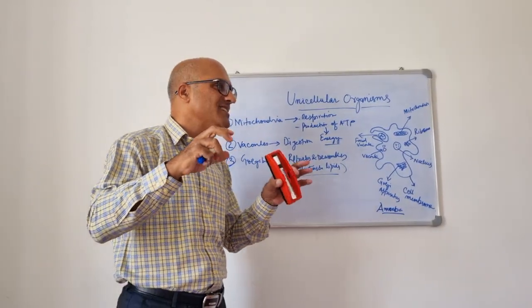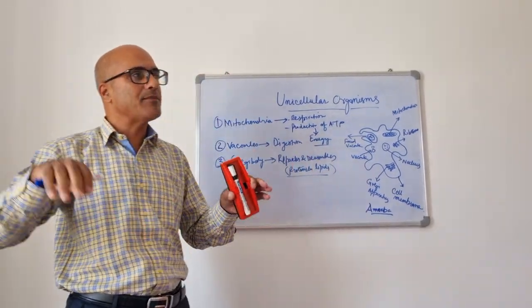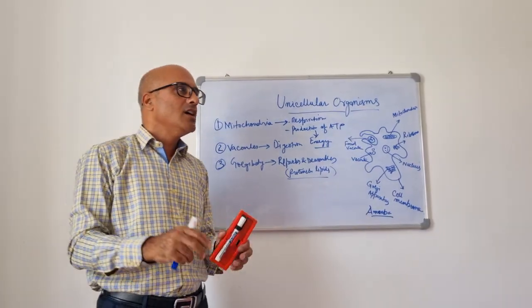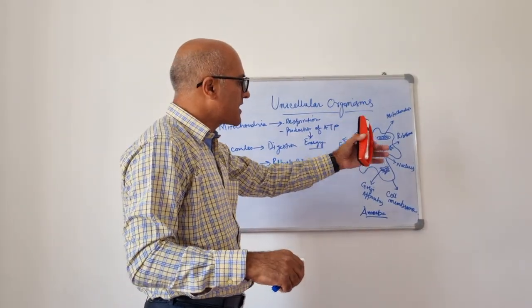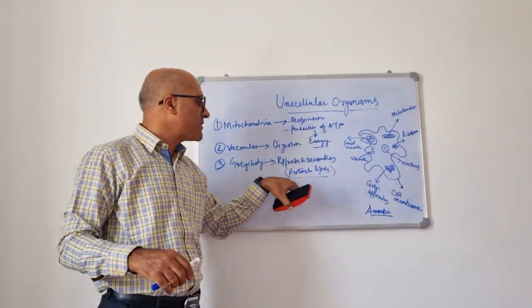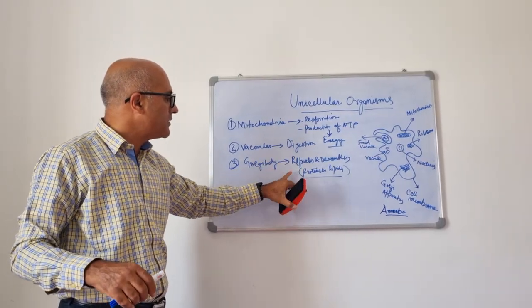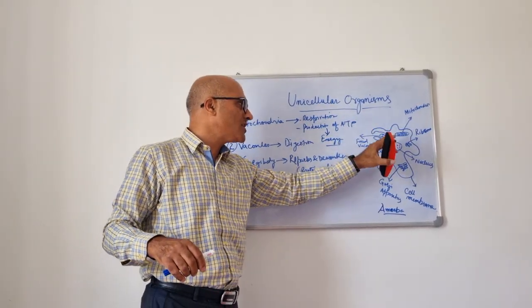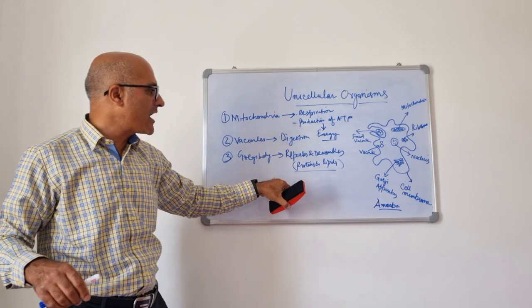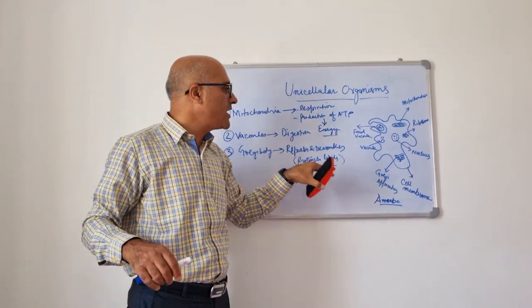Certain proteins get disintegrated sometimes and need to be replaced, and proteins and lipids are replaced by those proteins which are produced by ribosomes and then repacked by Golgi bodies.